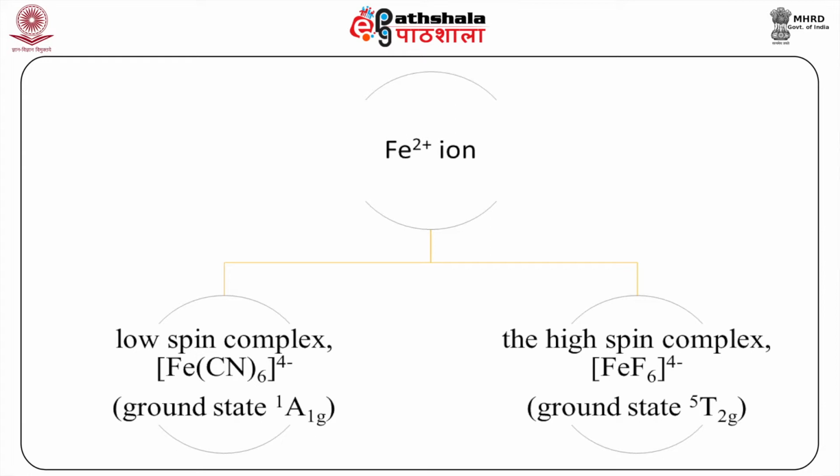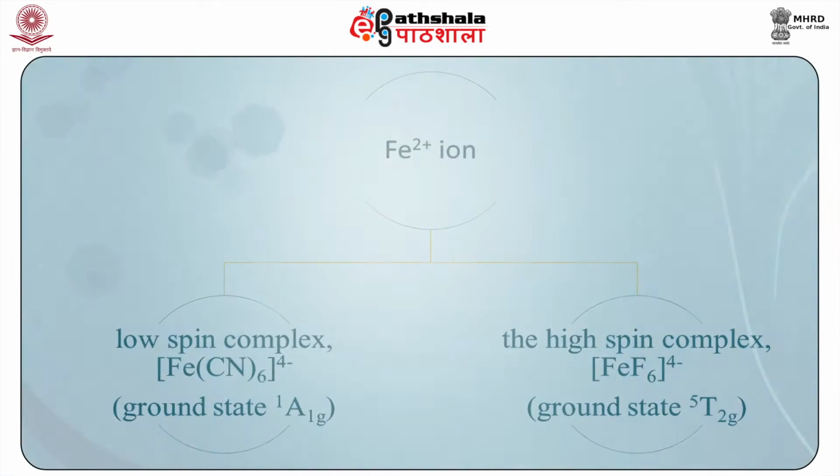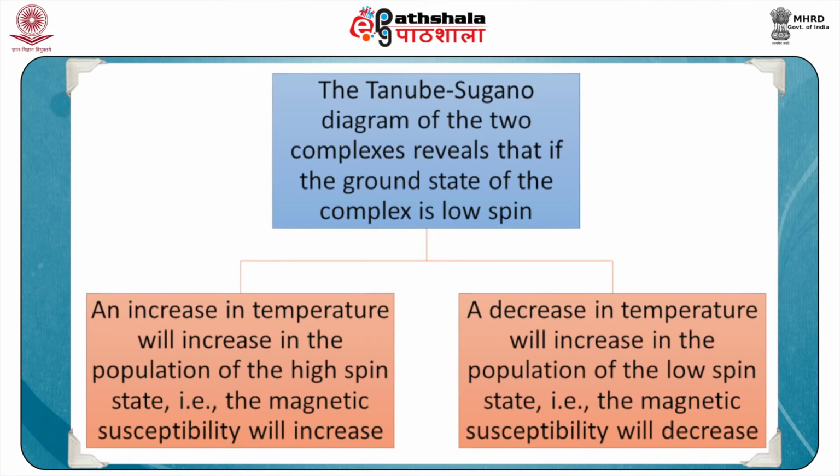Now, change in the temperature will lead to an alteration in the population of the two spin states. The Tanabe-Sugano diagram of the two complexes reveals that if the ground state of the complex is low spin, then first, an increase in temperature will increase the population of the high spin state, which means the magnetic susceptibility will increase.